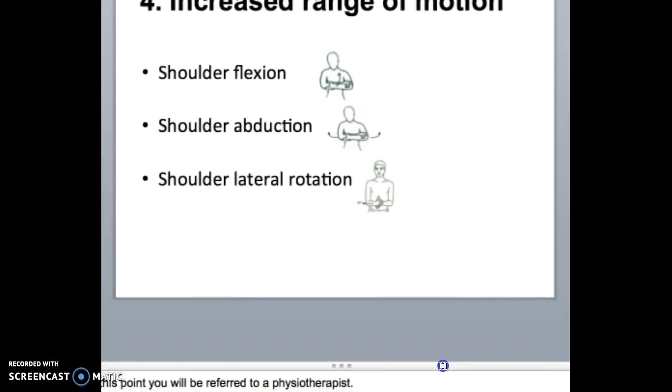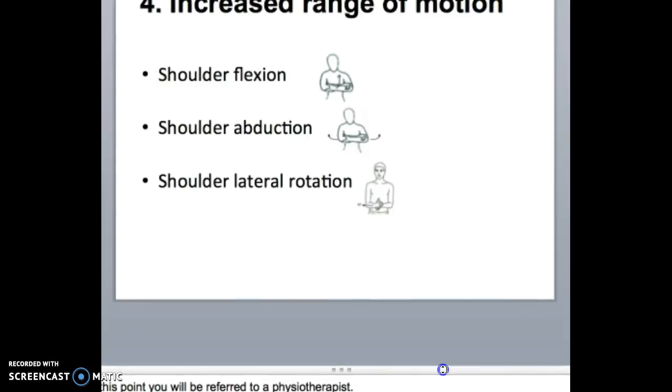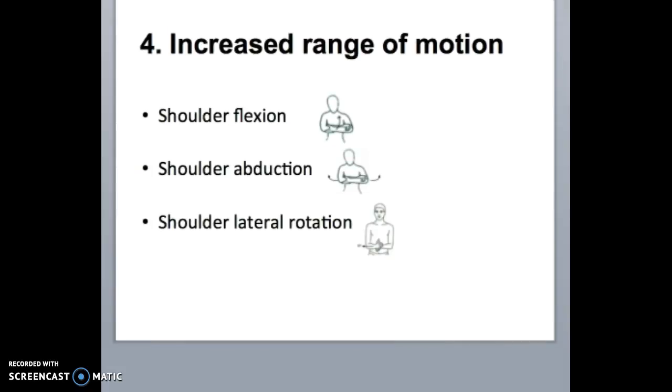The shoulder lateral rotation is an exercise when you slowly move your hand to 90 degrees and rock back and forth until neutral position.